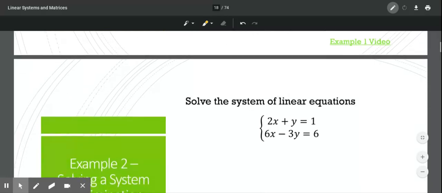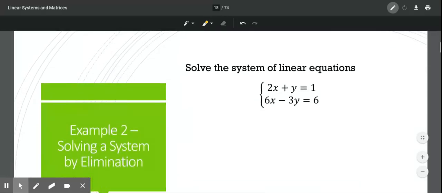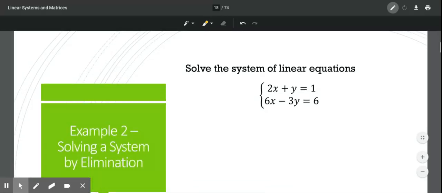If we look at this next example, you'll notice how it's set up: just adding them together doesn't automatically eliminate one of your variables. So what I usually do is look to see if I could multiply one of the equations by a constant so that it would do that. And so here, I'm going to multiply this top equation by 3.